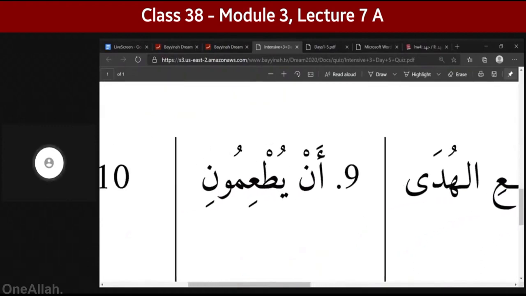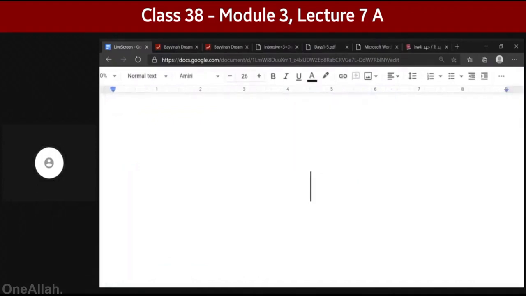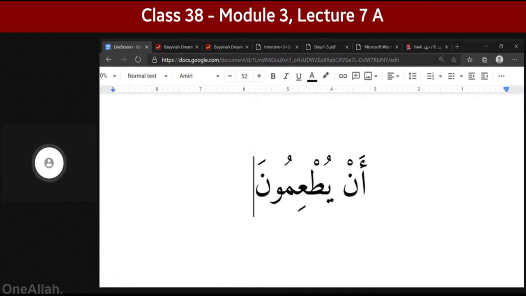Okay. An yut'imuni. So this is a bit of a special case. Remember when we were learning the different forms of a present tense verb, we learned about yut'imuna, right?